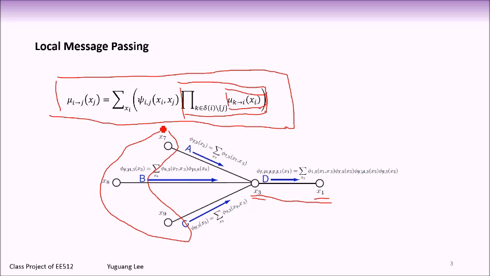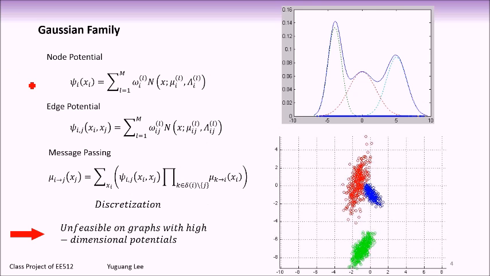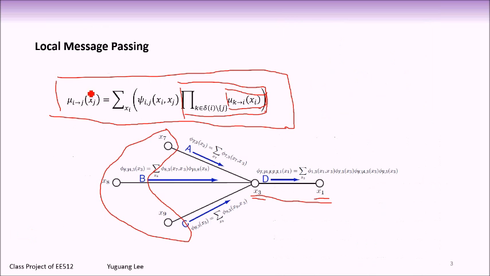If all those potentials are discrete, then the messages are discrete, and this problem is very easy to calculate. However, in a lot of applications, like those in the vision area, the probabilities are modeled by continuous distributions. So we will have continuous potentials.